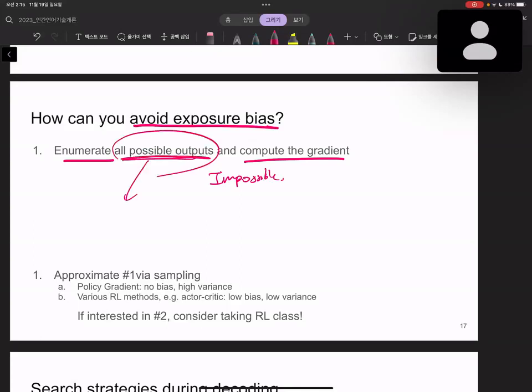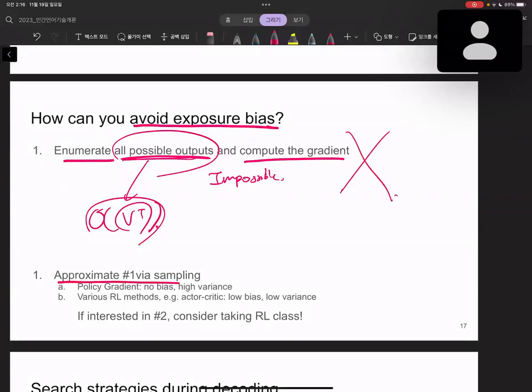This is really, really large, O of V to the t, which is very large. We cannot handle this large space, and we cannot compute the gradient for all these possible outputs. Okay, so this is impossible.